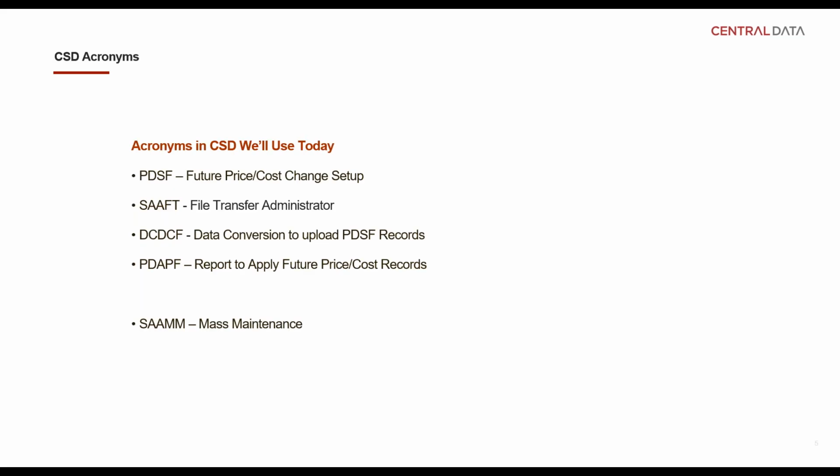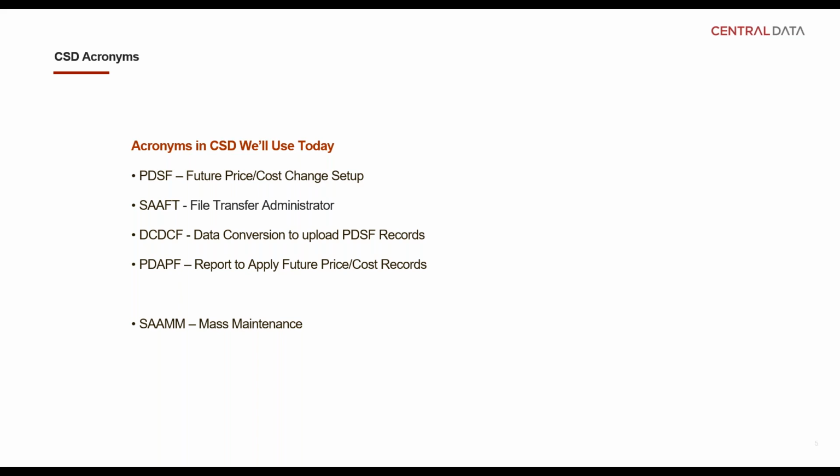So some of the acronyms in CSD that we'll use today, we are very acronym heavy with Cloud Suite Distribution, SX. So we're going to be using PDSF, which is the Future Price Cost Change Setup. That's where we're going to be putting in those future pricing records. SAAFT is the File Transfer Administrator. That's what we're going to be utilizing to take the data from my desktop and put it into the tenant that I'm utilizing in CSD, into the cloud.